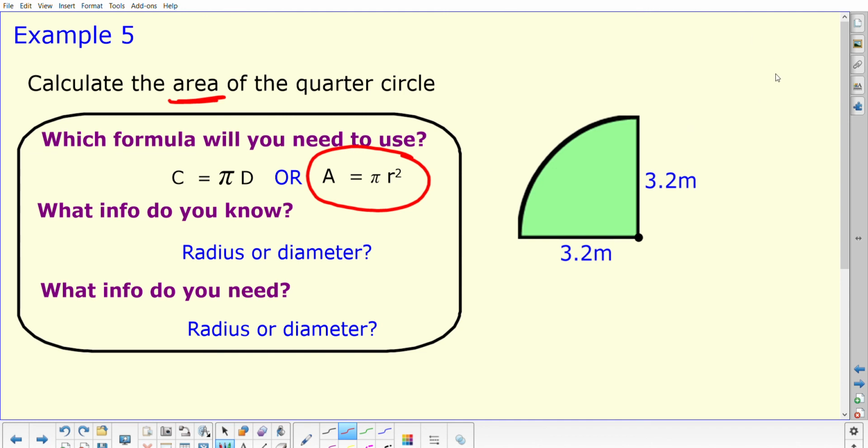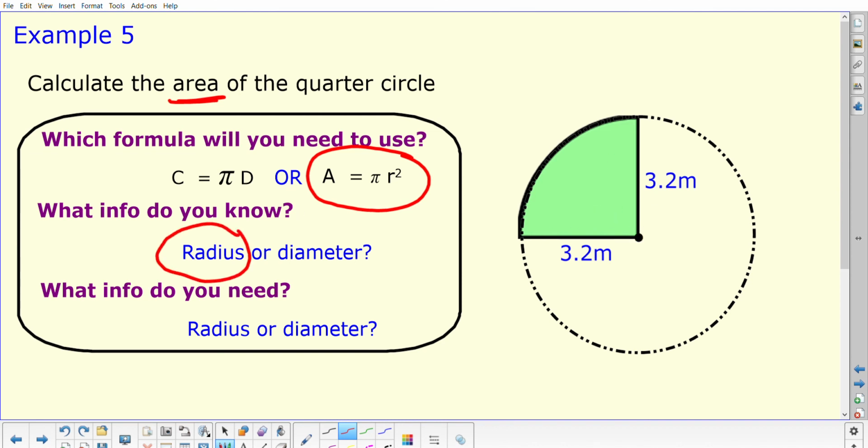On this diagram here, we've just got a quarter circle, but remember, these 3.2 measurements that you can see, that's telling you the radius of what would be a full circle if you were to draw a full circle around that. So you actually know that the radius is 3.2 metres.